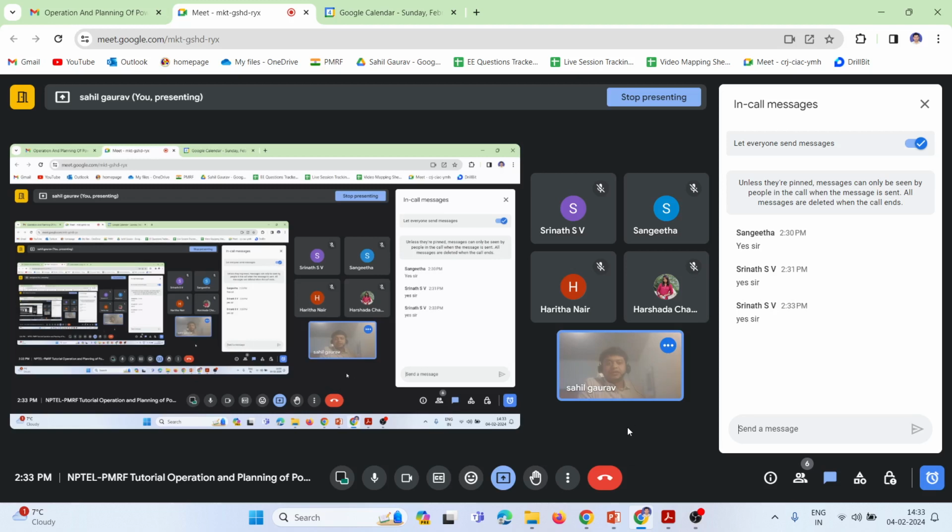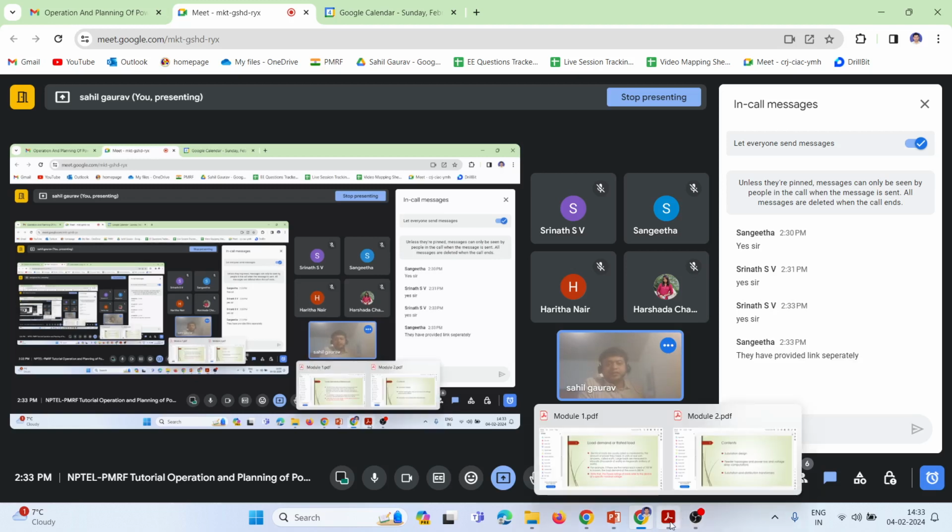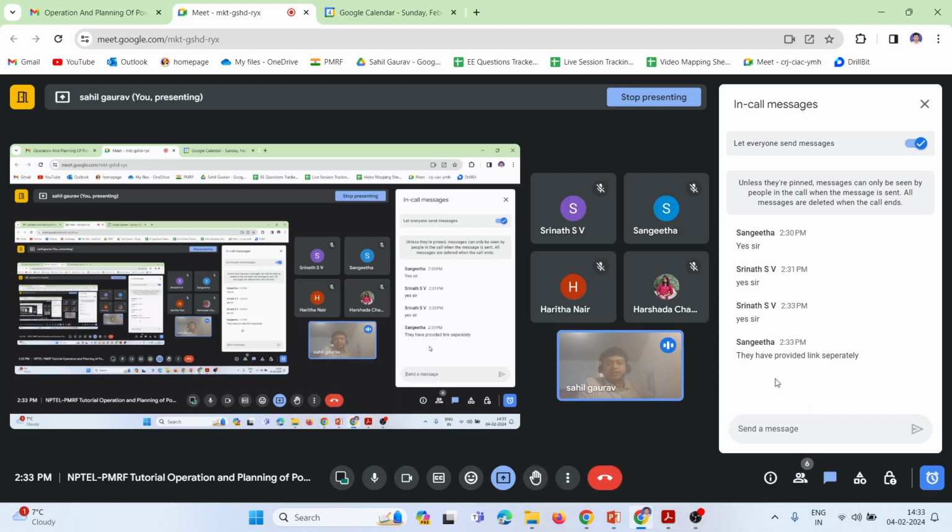Okay, good. Srinath, yes. They have provided the link separately through the SWAYAM portal. From there you can access. So that's good.